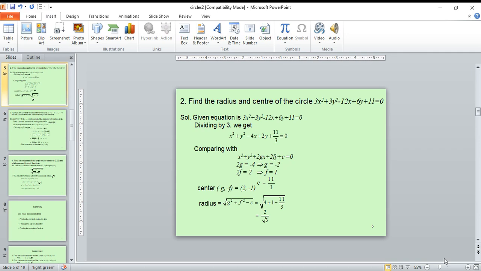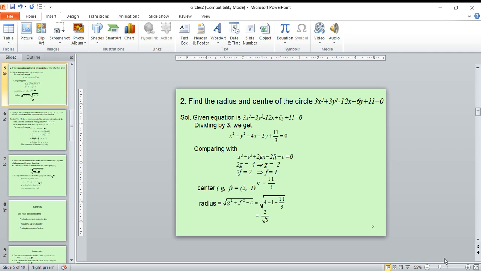Radius r equal to under root of g square plus f square minus c. That equal to g equal to minus 2 square, so under root of minus 2 square plus f square equal to 1 square minus c equal to 11 by 3.